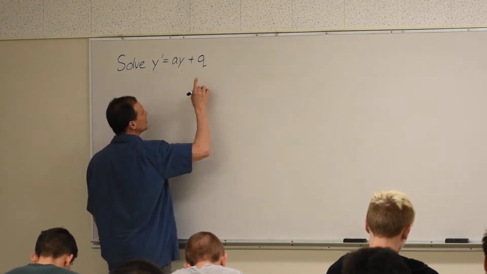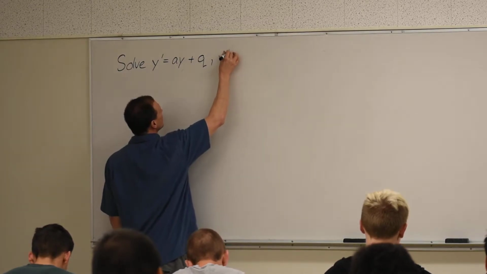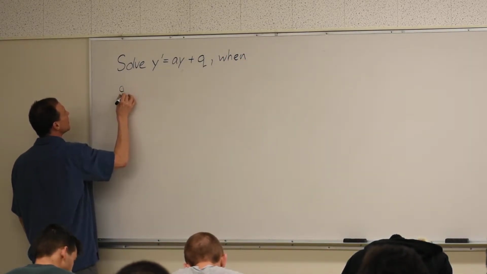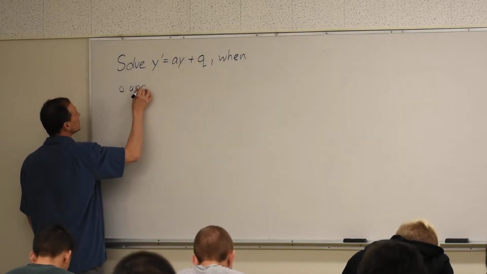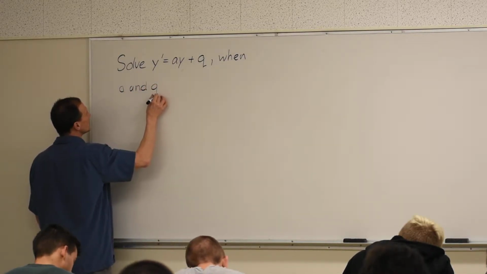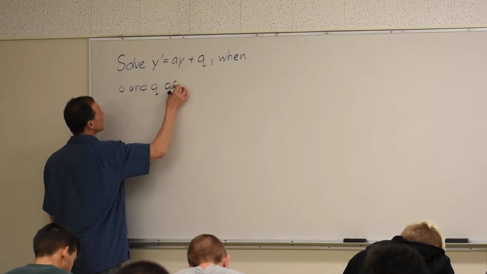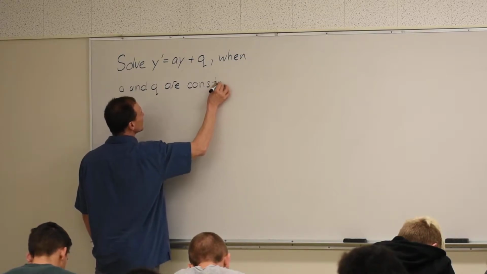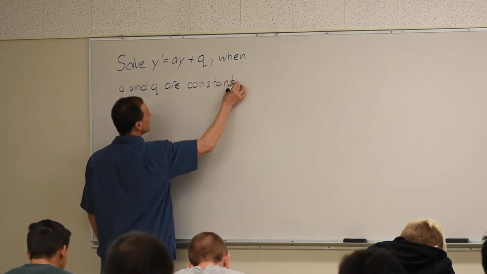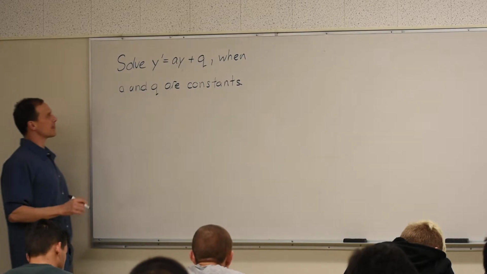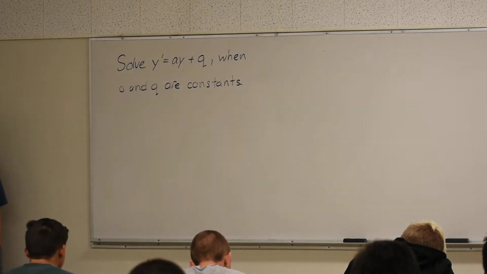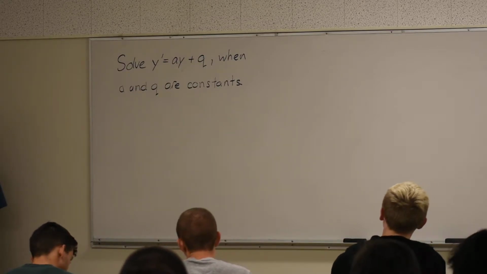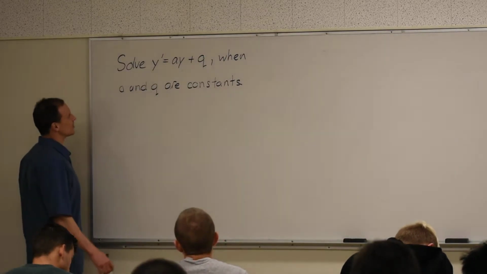And we're going to put a condition on this: when a and q are constant. I should say solve by separation. And you have to be just a little bit more creative to do this.